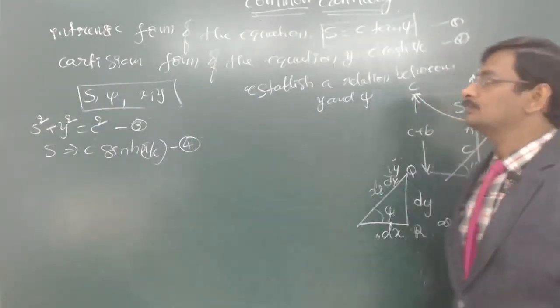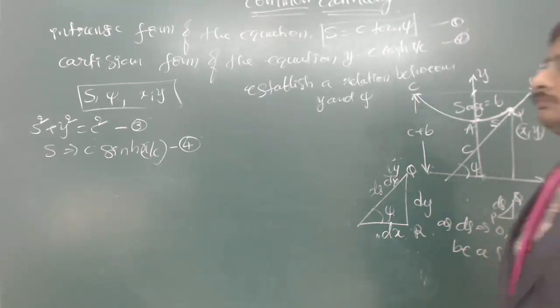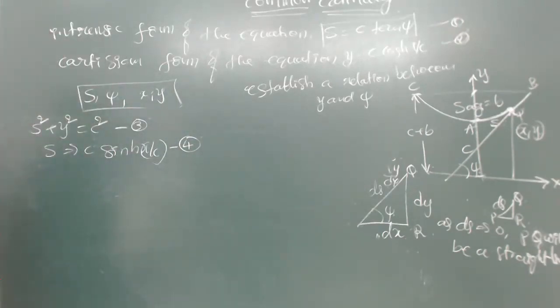Between y and psi. So y square is equal to c square into 1 minus tan psi by 2.